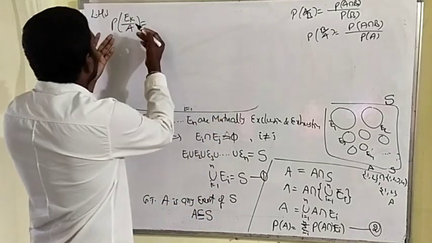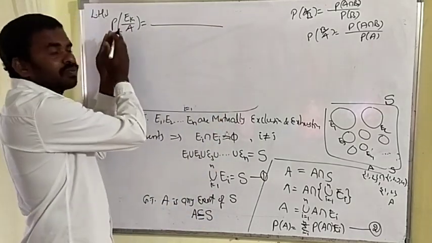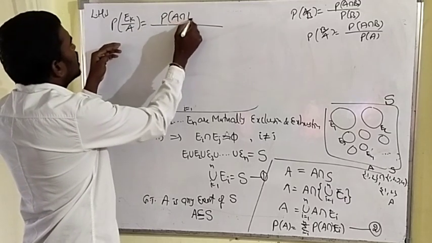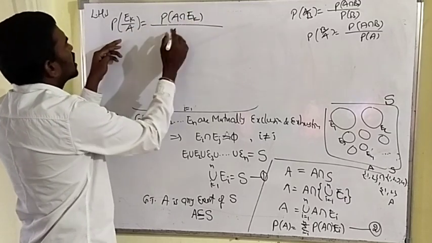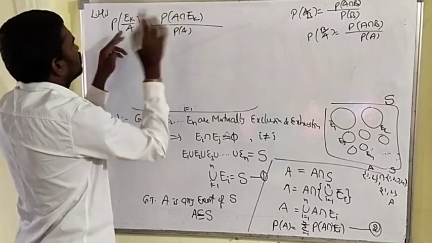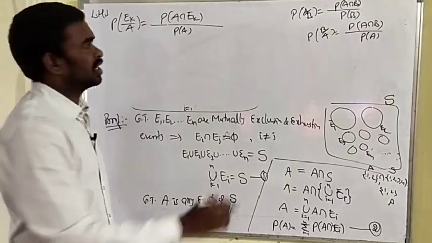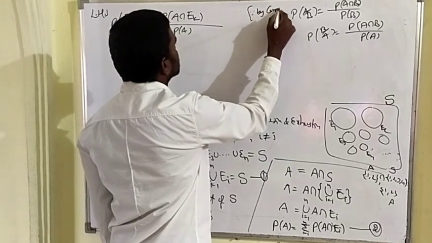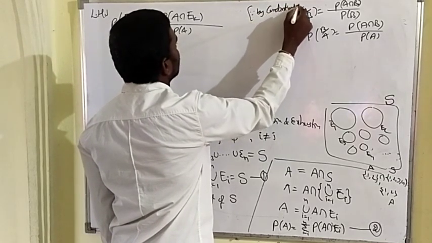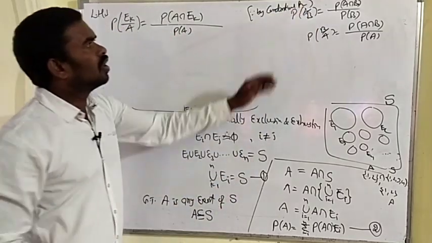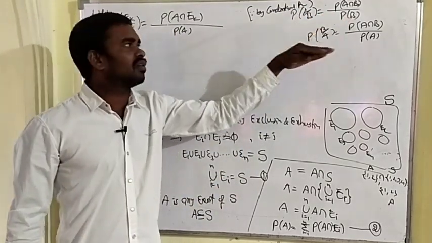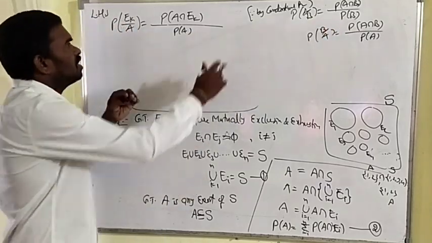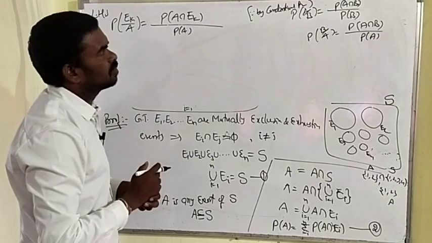So here how can we apply conditional probability to this problem? Yes, probability of A intersection Ek by probability of A, according to conditional theorem. So in brackets, write since by using conditional probability. No need to write these steps, I told you for understanding.